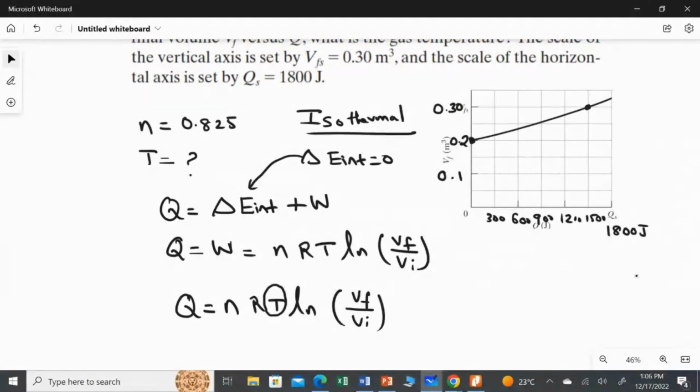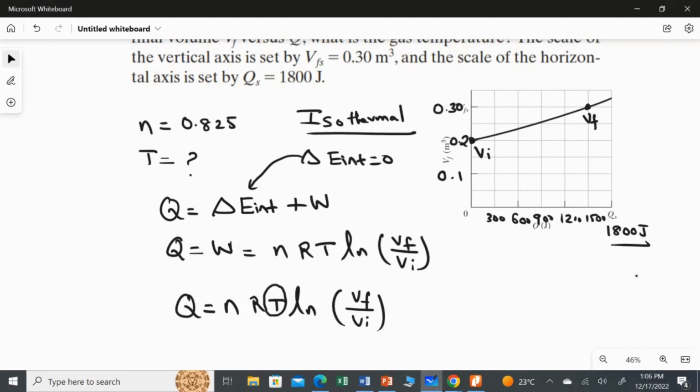Even though the graph extends beyond 0.3, we have to consider the maximum value allotted for the final volume as 0.3. So it starts at 0.2 meter cube and ends at 0.3 meter cube. That means our initial volume is 0.2 meter cube and our final volume is 0.3 meter cube.